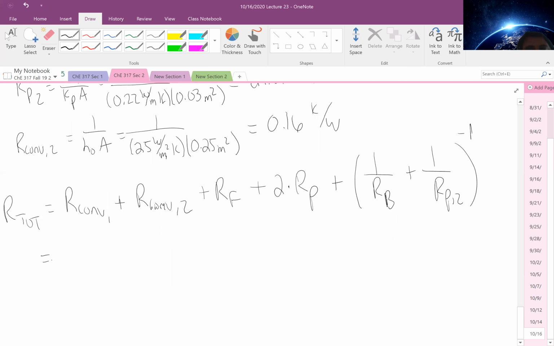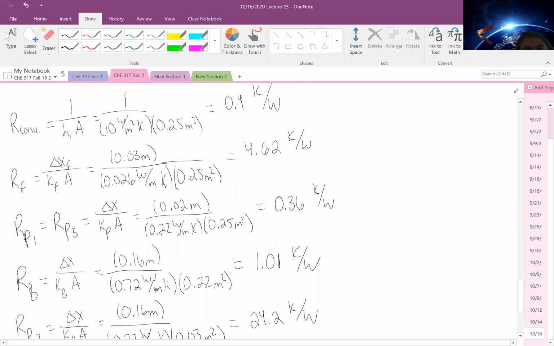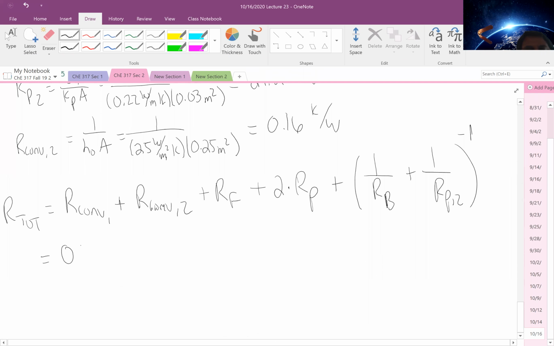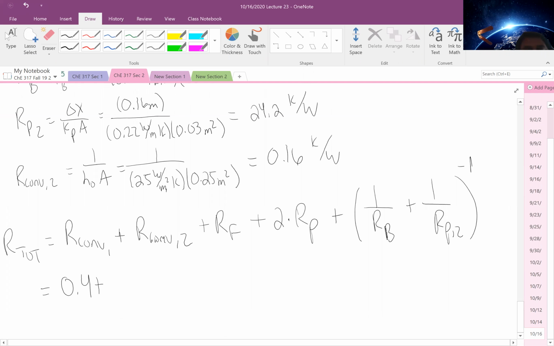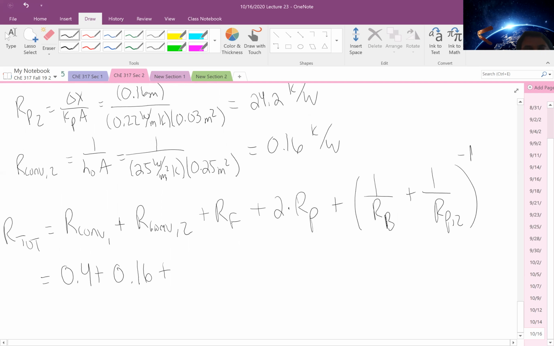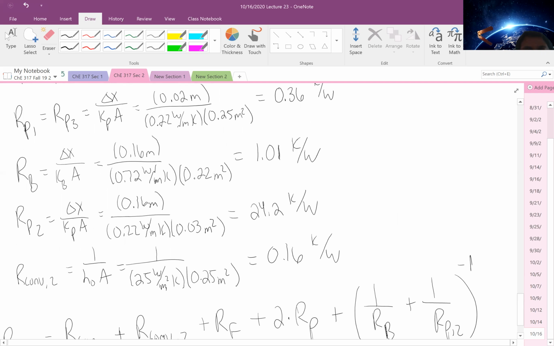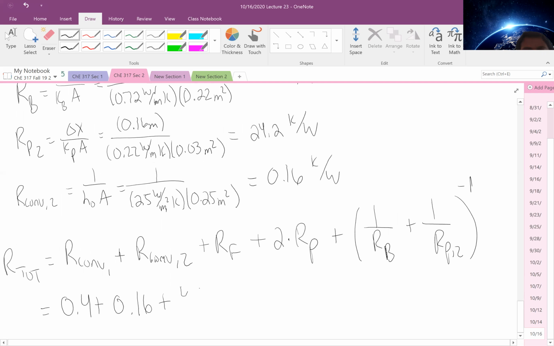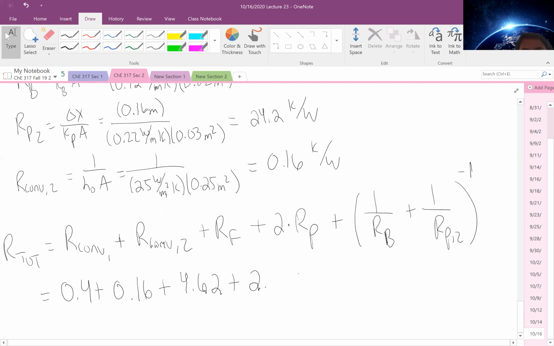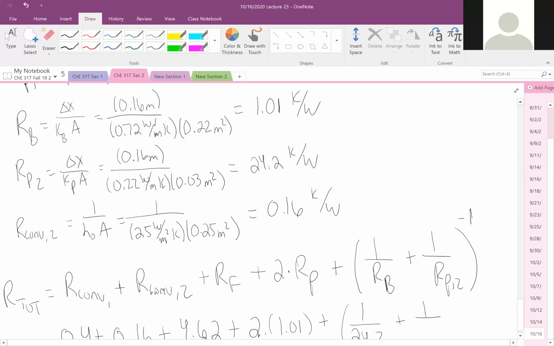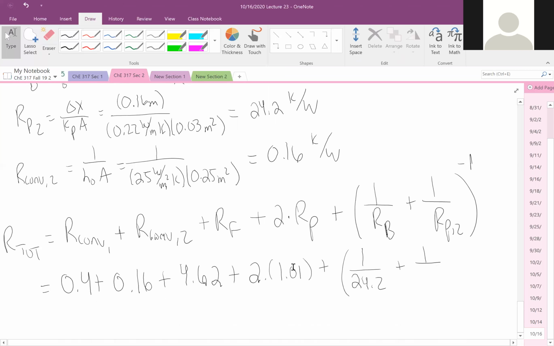So plugging this in, I get values of 0.4 plus 0.16 plus the foam, which is 4.62, plus 2 times 1.01 plus 1 divided by 24.2 plus 1 divided by, wait a minute, it shouldn't be 1.01. You're right. For the brick, yeah, I got those crossed.